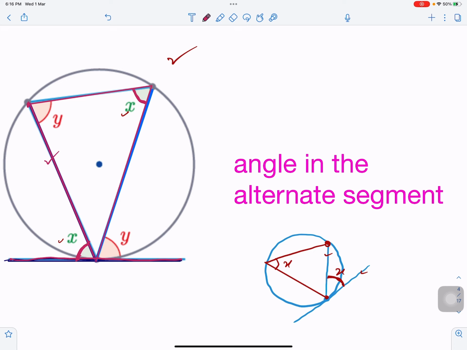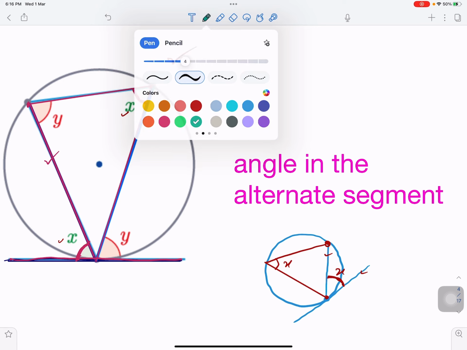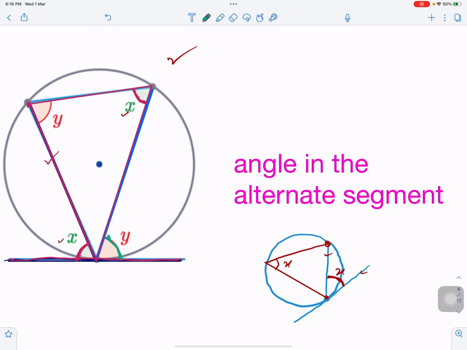So this is the angle in the alternate segment. Same is the case with y. This angle is between this chord and this tangent, right? This is also a chord. If the same chord makes an angle on the circumference here, then this angle is equal to this angle.